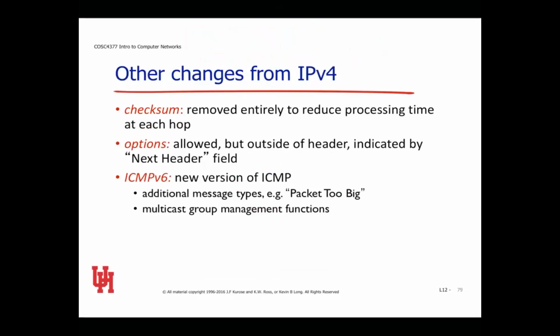So other changes from IPv4, the checksum was removed to speed things up. So I'll just say I wish you well, IPv6. And we also have disallowed fragmentation. We think if you want to do fragmentation, it's a cost on the router. We were nervous about routers running out of resources.